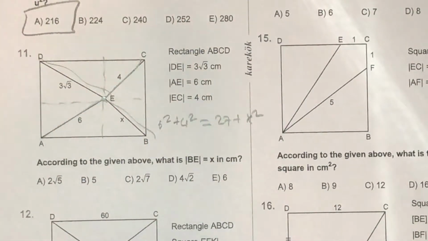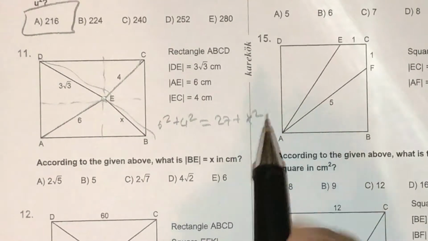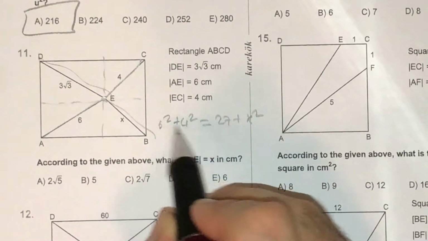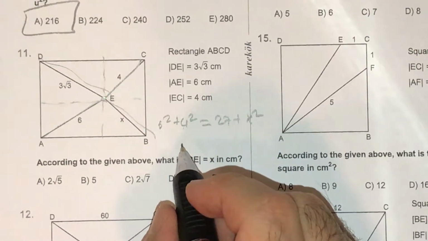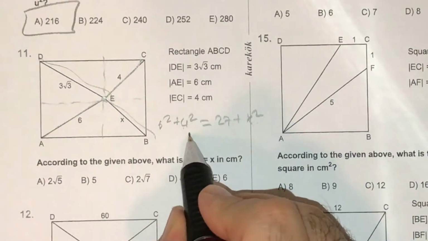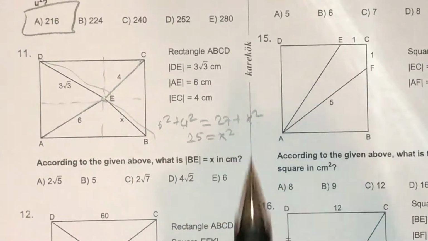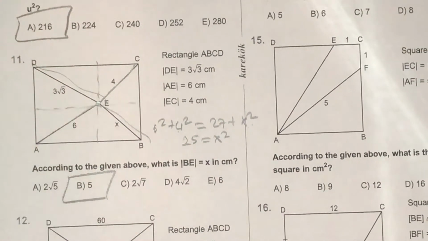So if you apply the Pythagoras theorem, you will have exactly the same equation. As you see, this is 36, this is 16, it makes 52, so this is 27 plus x squared, so 25 is equal to x squared, therefore x is equal to 5.